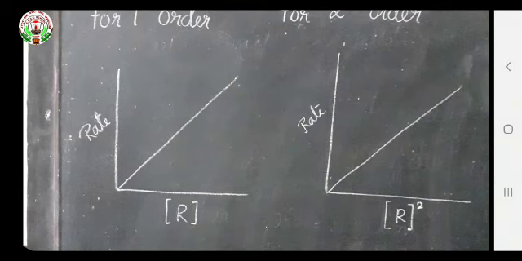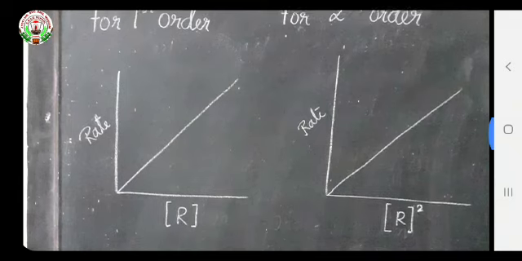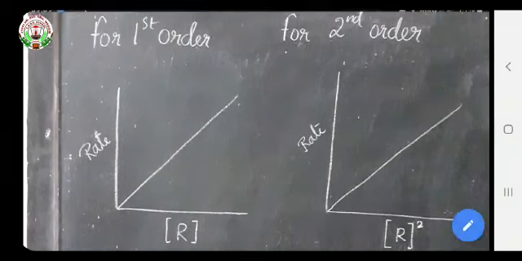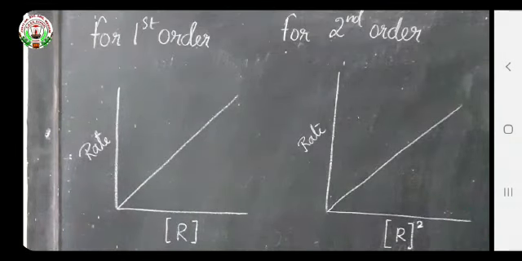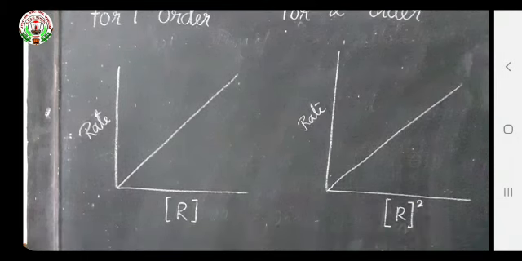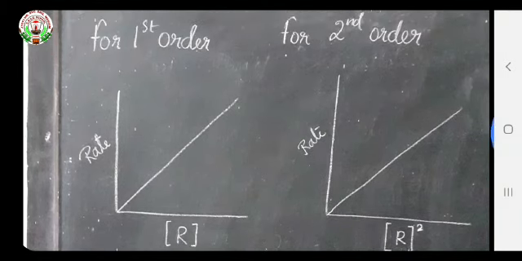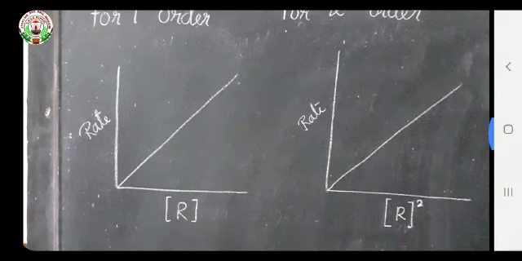For the second order, you only have to write concentration of R square in place of concentration of R. For the second order we write concentration of R square versus rate of reaction. Here also we have the same plot for the second order. The only difference between these two is that in place of concentration of R you have to write R square, that is for the second order.